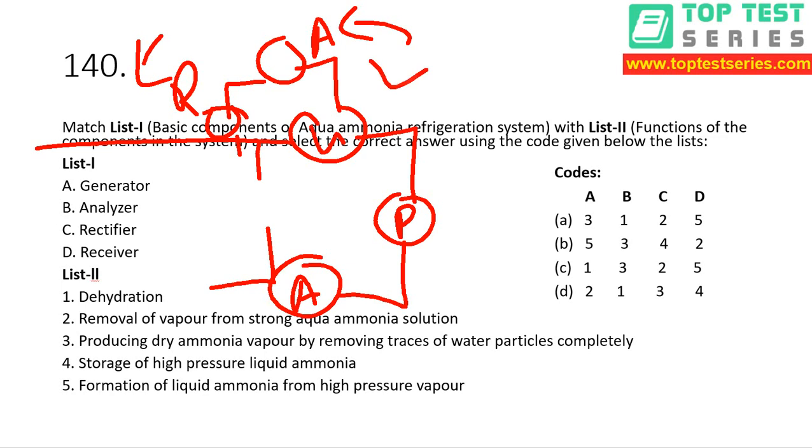We get the letter A first, then the letter R later on. Therefore the analyzer will come first, then the rectifier. So this is the diagram. Basically from this diagram also you can understand.